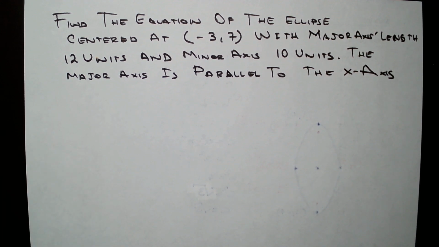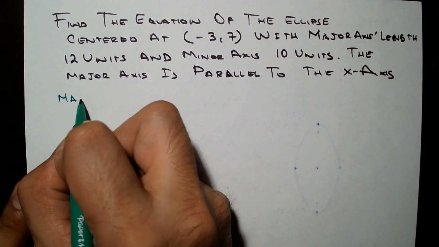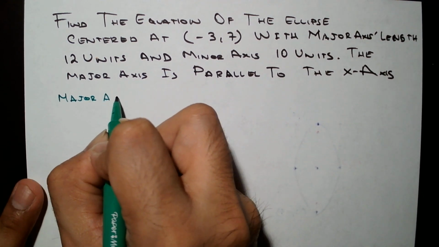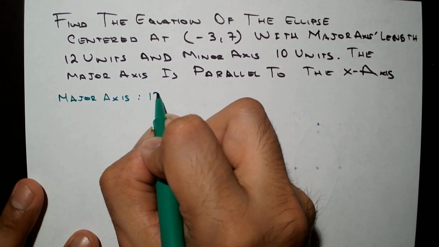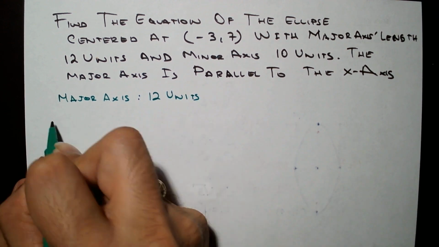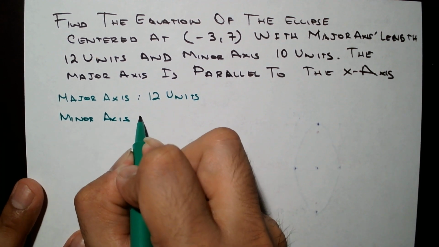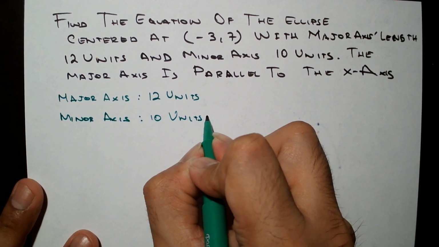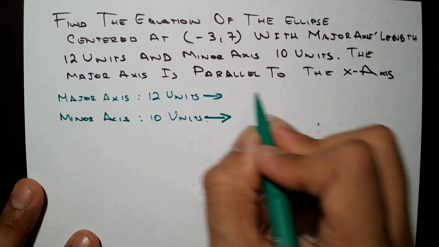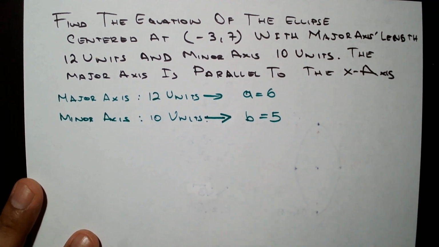So let's see. Number one, major axis is 12 units and minor axis is 10 units. So from here we get that A equals 6 and B equals 5.